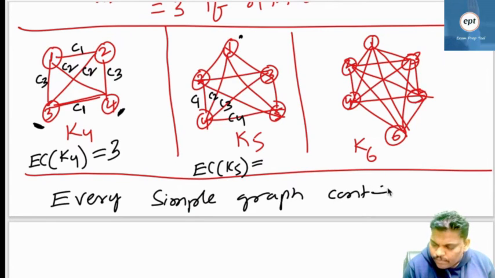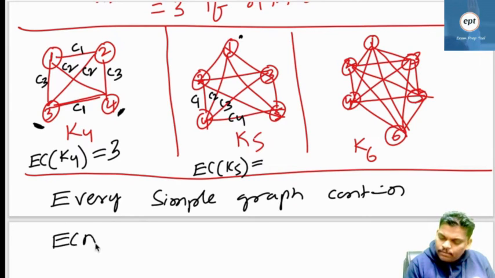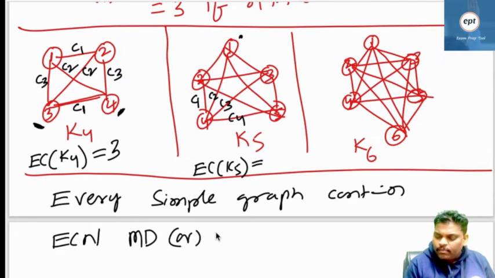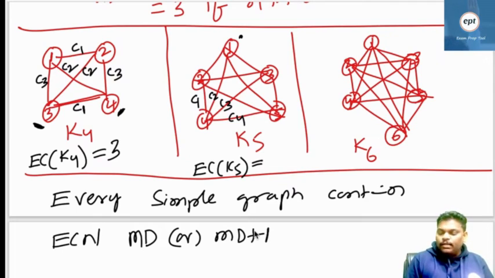One theorem is there: every simple graph contains edge chromatic number either MD or MD plus 1, where MD is the maximum degree.